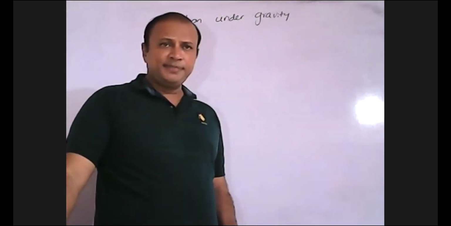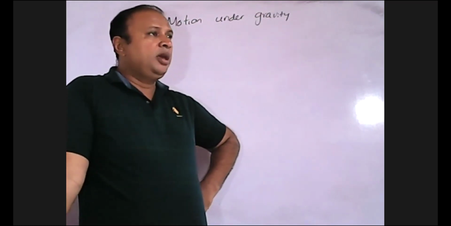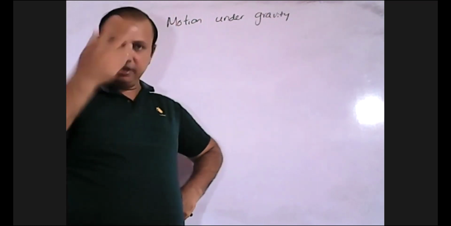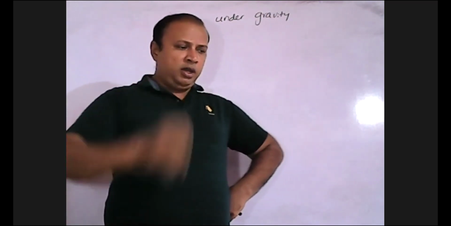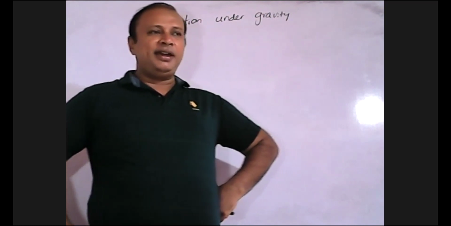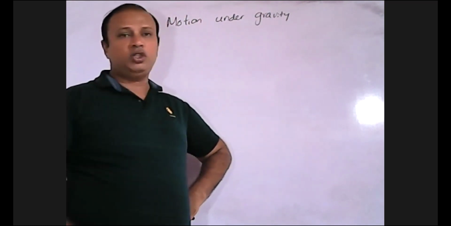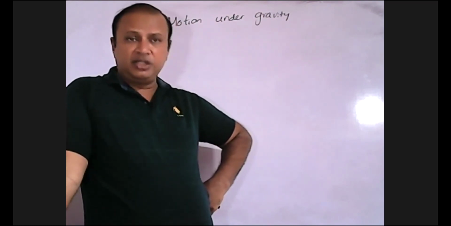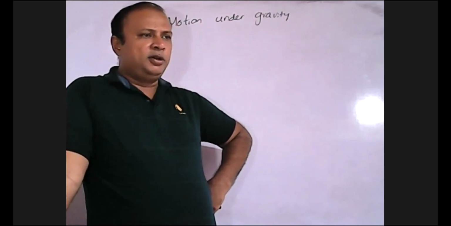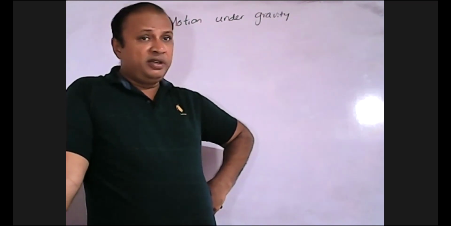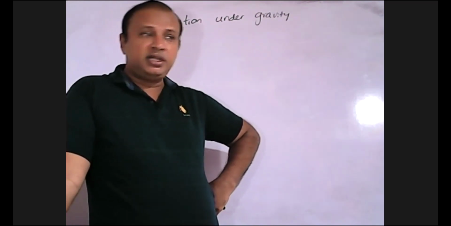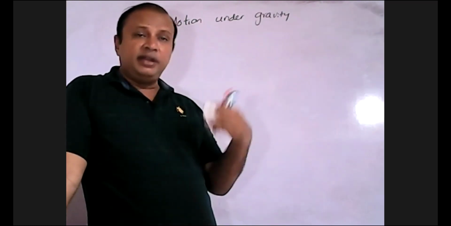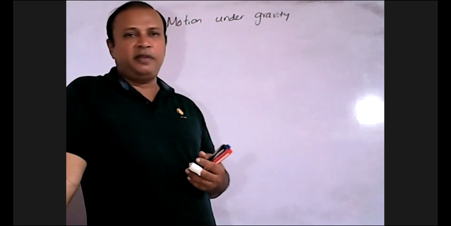Motion under gravity means, suppose we throw a stone or something in space, you can clearly see that the stone will experience gravitational force, no? Not only the gravitational force, there may be some air resistance or some wind forces, so other resistive forces will be there.